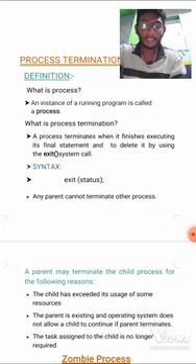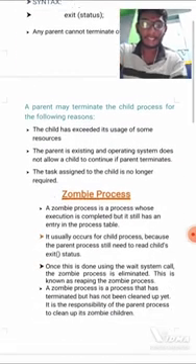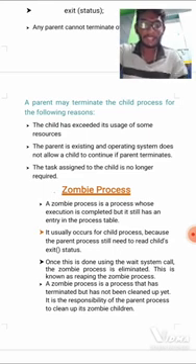A parent may terminate the child process for the following reasons. The first reason is the child has exceeded its usage of some resources. To determine this, the parent must have a mechanism to inspect the state of its children. A second reason is the parent is exiting and the operating system does not allow a child to continue after its parent's termination.